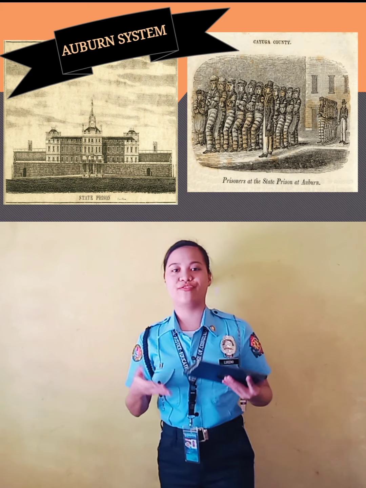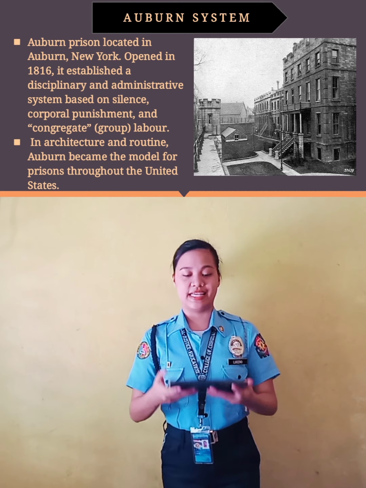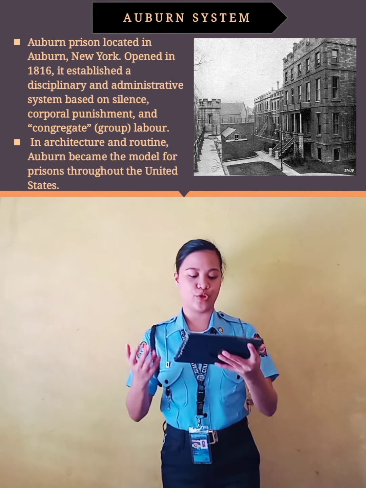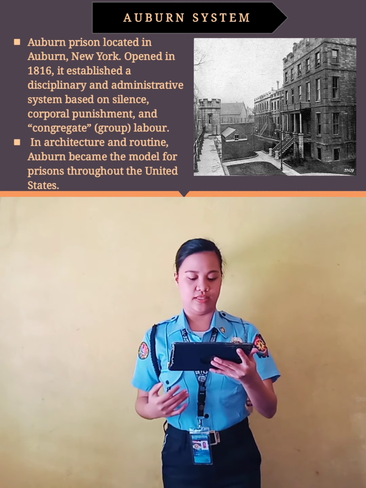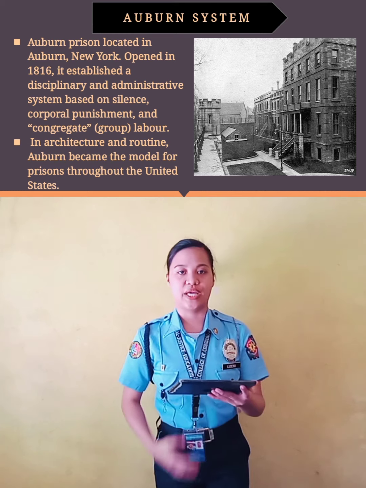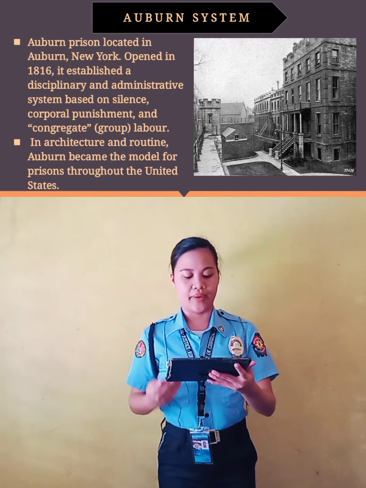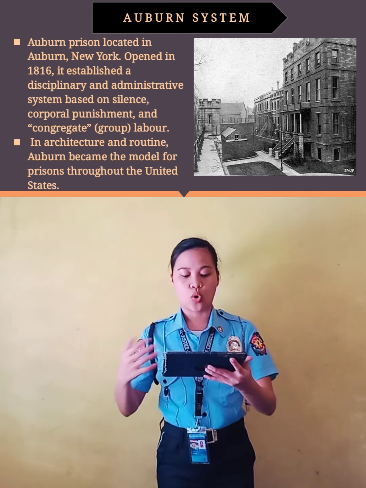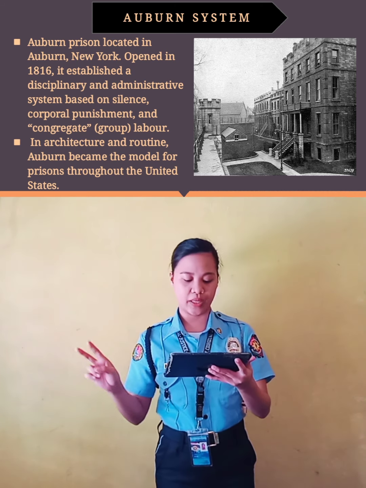Next we have the Auburn System. Auburn Prison is located in Auburn, New York. It opened in 1816. It established a disciplinary and administrative system based on silence, corporal punishment, and congregate group labor.